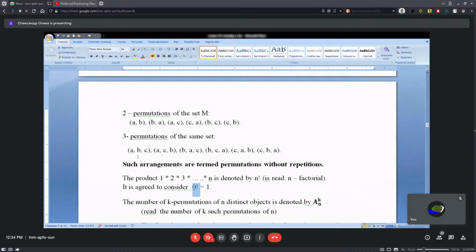After that, we add A. A may be added here in the first place, here or here, 2. It may be added in the middle, A, here. And A can be added at the end.